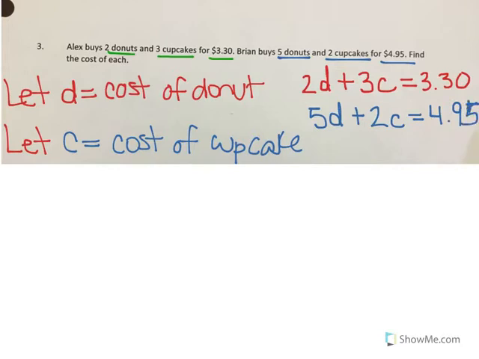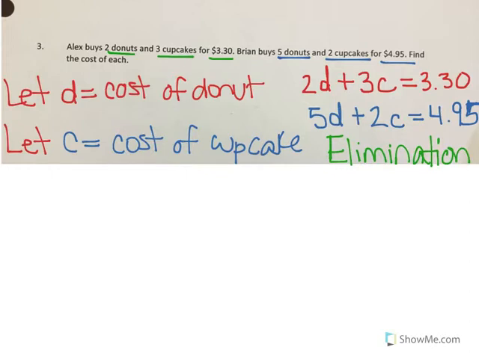Now, in the last problem, we set that up with substitution, but we're actually going to use a different process here. We are going to use elimination to solve this problem. And if you remember with the elimination method, your goal is to figure out a way where you can add these two equations together so that one of the variables will cancel out.